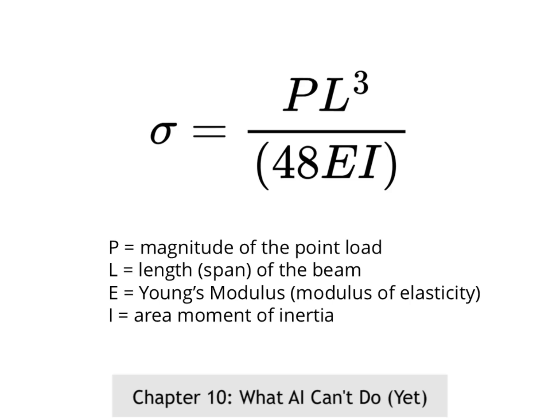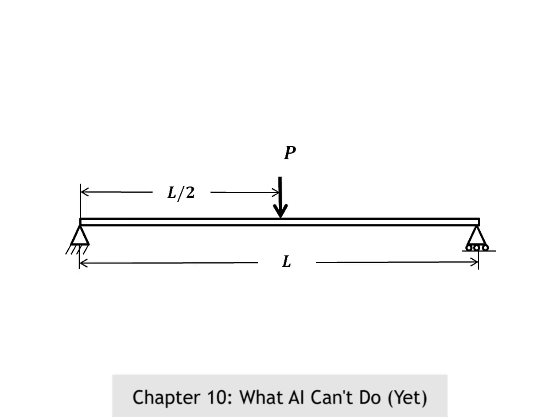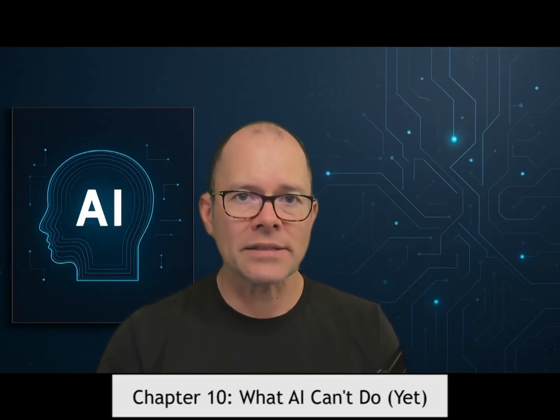You could ask for the formula to calculate the deflection of a beam with a single point load. This is coming straight out of my engineering textbooks. So it'll give you the correct formula, no problem, because it's probably read that book. But if you asked it to calculate the deflection, providing that you've given it the values to substitute in, it's very likely going to get that wrong.